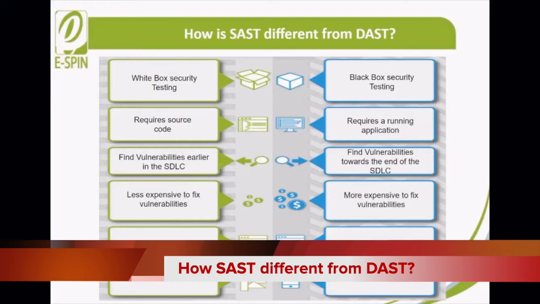DAST, thus, is more expensive to fix vulnerabilities. Since vulnerabilities are found towards the end of the SDLC, remediation often gets pushed into the next cycle. Critical vulnerabilities may be fixed as an emergency release.